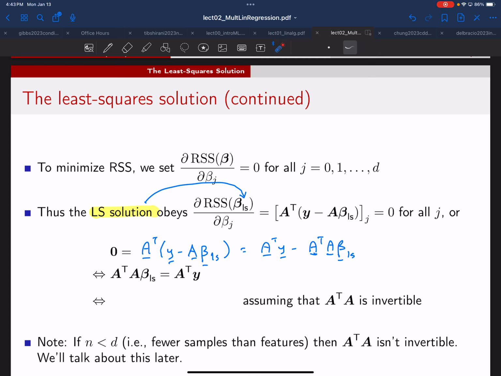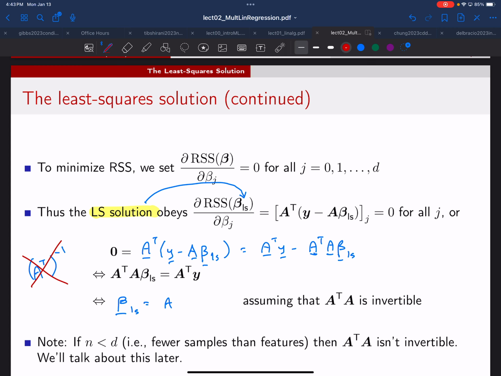So how can we write beta LS from there? A transpose A inverse. Okay, there's no such thing as A transpose inverse, because A transpose is not necessarily a square matrix.